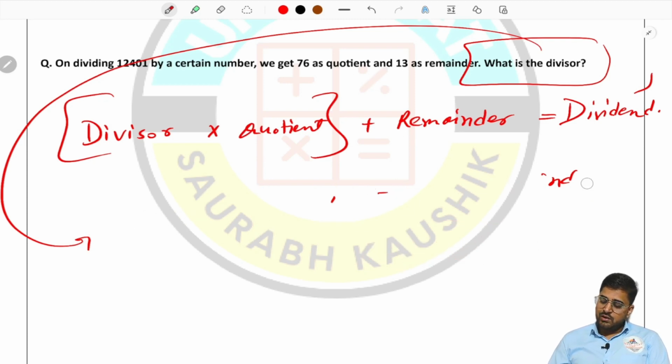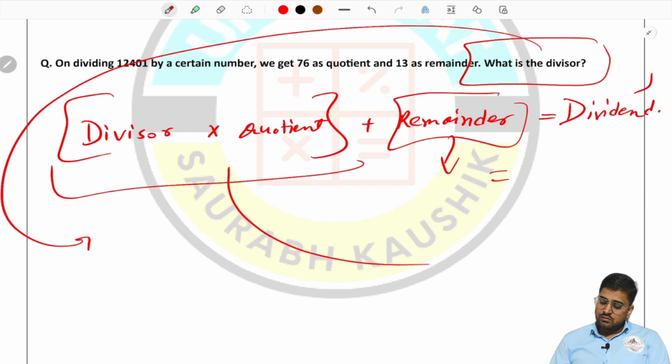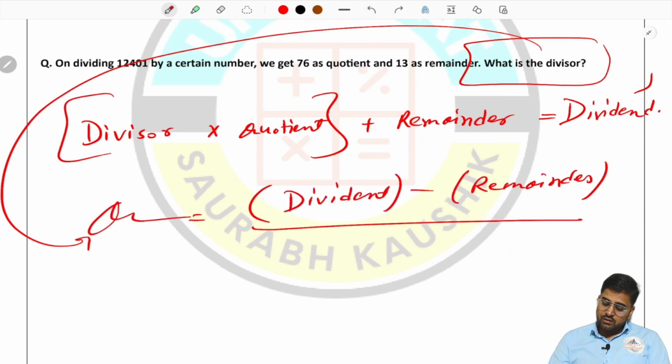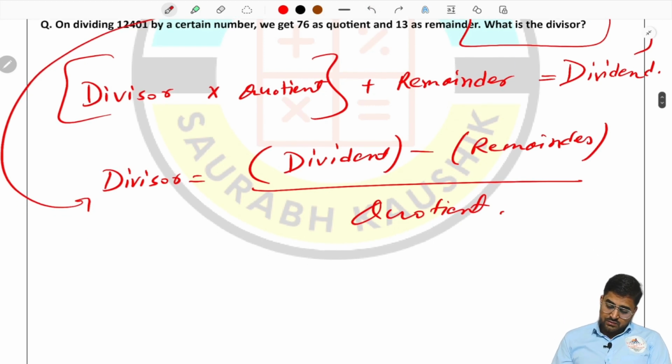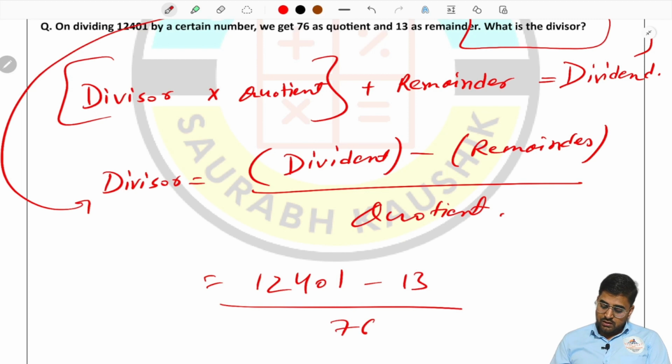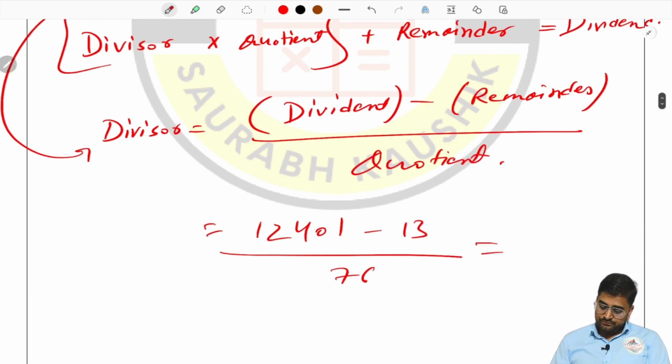If we need the remainder, then we take the remainder here and move that to the other side. So make the formula according to your convenience. Now just put in the numbers and you get the answer. It's a formula-based question, and this formula you should know.